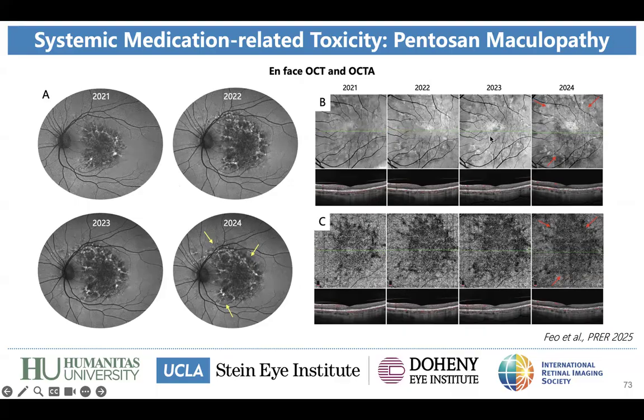And again, ANFAS-OCT at the level of the outer retina and ANFAS-OCTA segmented at the level of the choriocapillaris beautifully show the progressive increase in choriocapillaris flow deficits, which is actually accompanied by this increase in the outer retinal alteration in this patient with pentosan maculopathy.